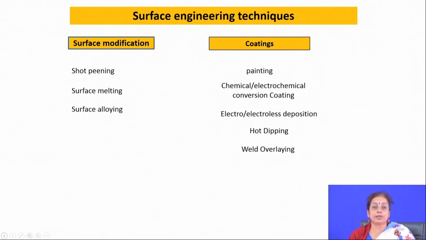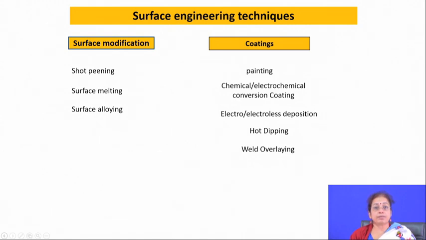Shot peening is a very important category of surface modification technique, and usually it can also be applied for modification of the surface in case of stress corrosion cracking, in case of corrosion fatigue. It can also be applied for mitigation of corrosion, especially when fretting corrosion is there. So, in all these kinds of corrosion where stress is responsible, shot peening can be applied.